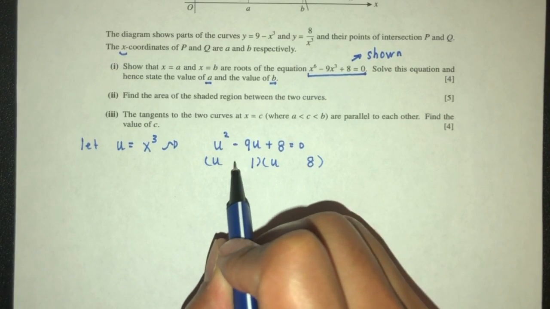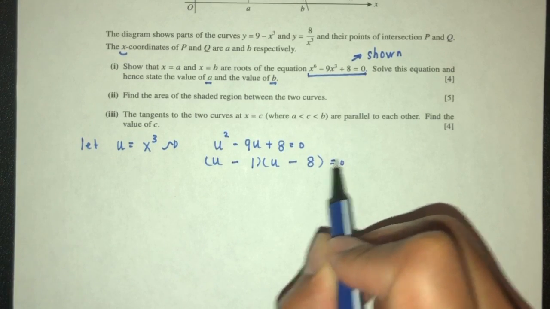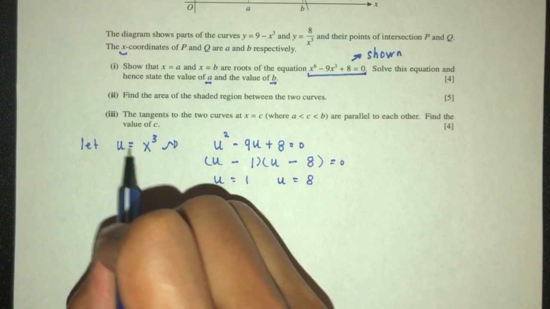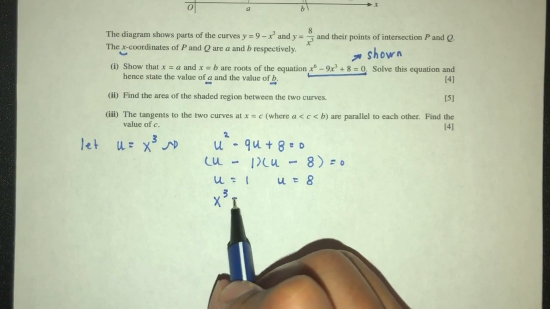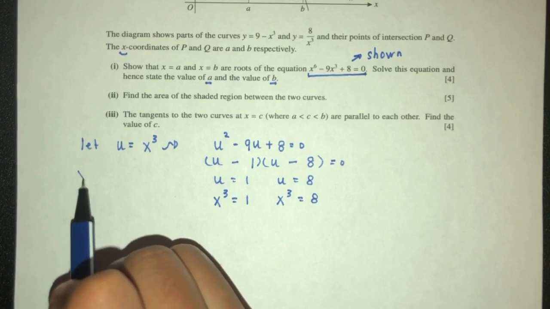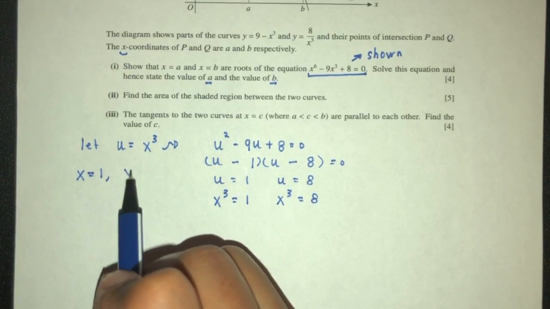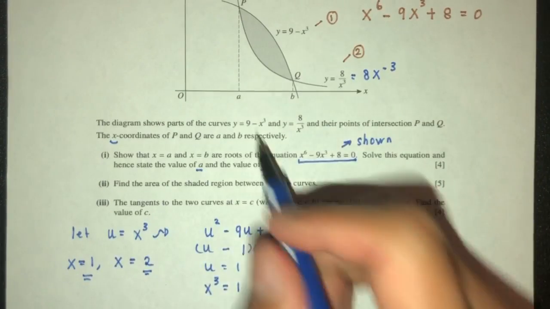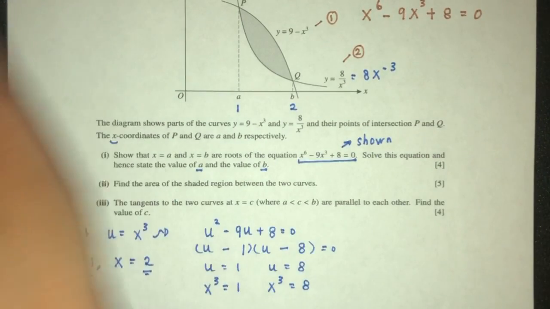To get minus 9, we have to have minus 1 minus 8. So u will be 1 and u will be 8. Again, u is x cubed, so x cubed will be 1, x cubed will be 8. From here, x will be 1, x will be the value of 2. So this is 1 and this is 2.